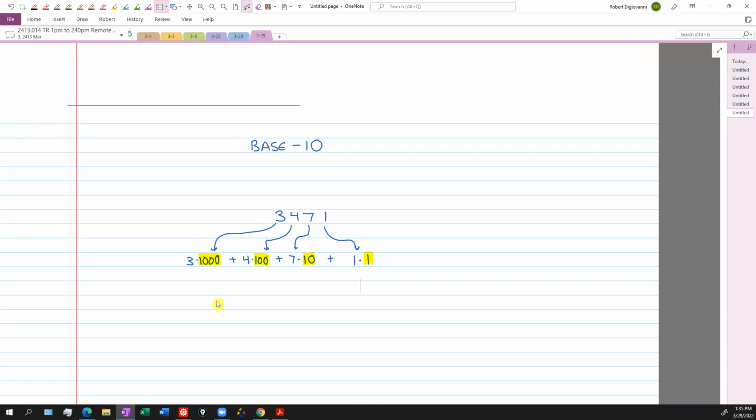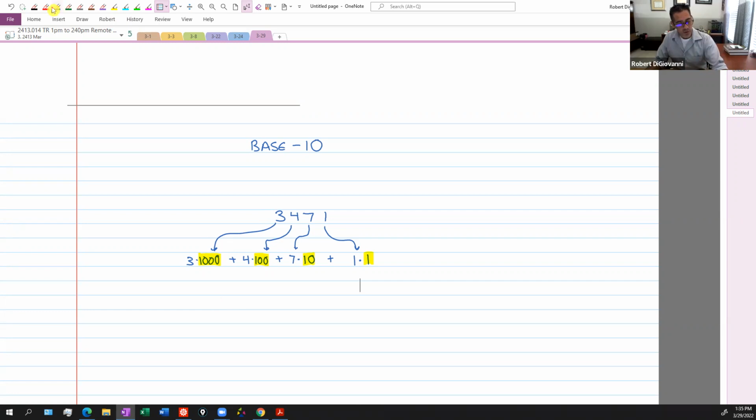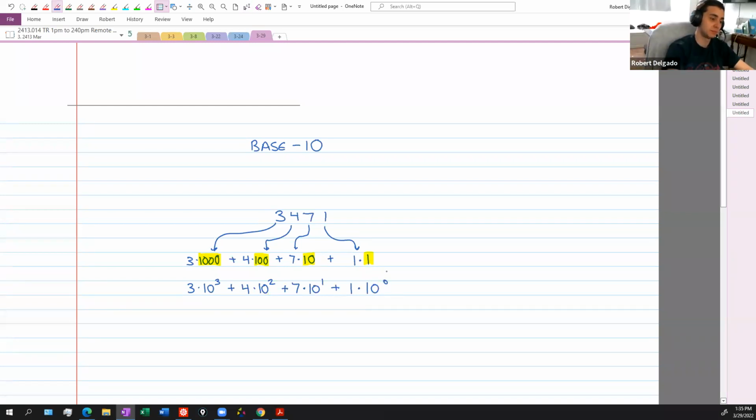They're all powers of 10, aren't they? Those are all powers of 10. So you could rewrite this as 3 times 10 cubed plus 4 times 10 squared plus 7 times 10 to the first power plus 1 times 10 to what power? 0. Okay.